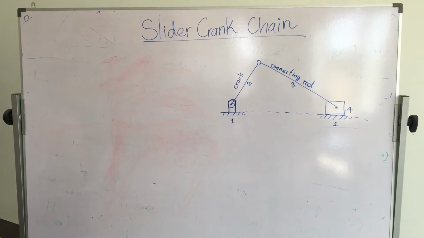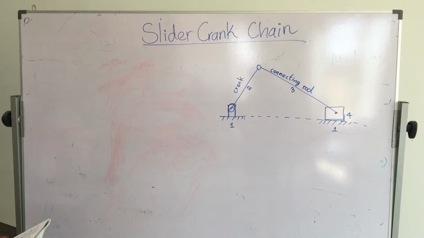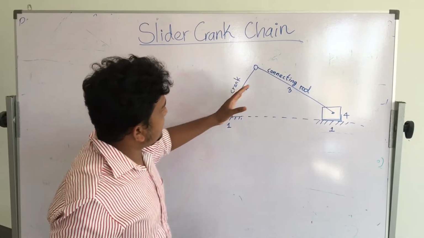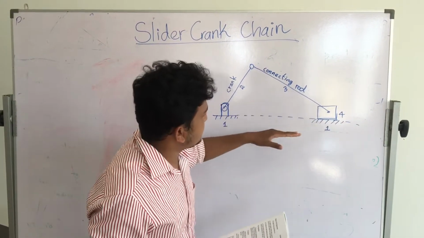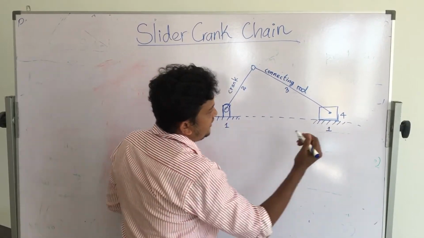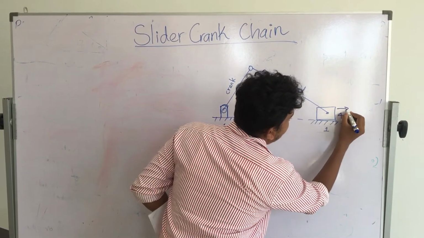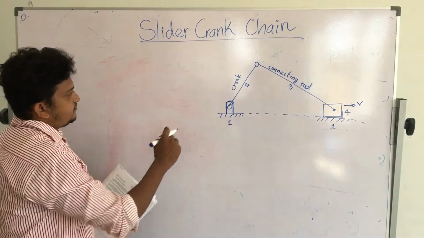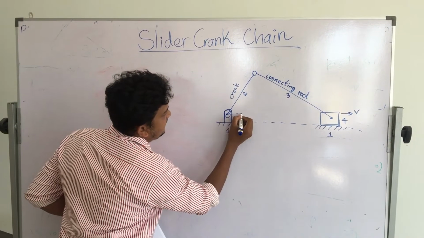So today our first objective is to obtain the graph of piston velocity against crank angle. This is the piston. We are going to get the graph of piston velocity versus crank angle.